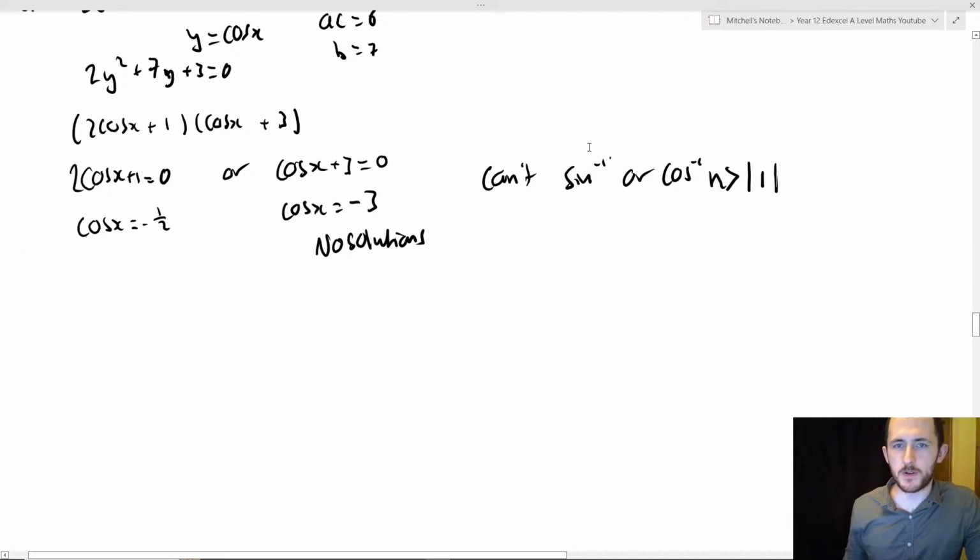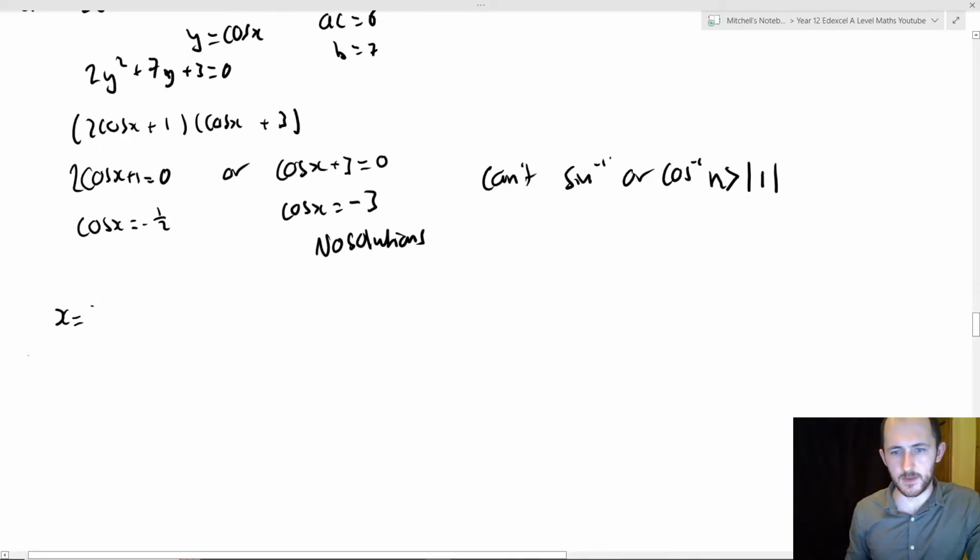If opposite over hypotenuse is bigger than 1, it means the opposite side is bigger than the hypotenuse, which is impossible. So you can't inverse sine or cos numbers bigger than 1 or lower than minus 1. Otherwise the adjacent or opposite side would be bigger than the hypotenuse. So really focusing on this, which helps us out a little bit.